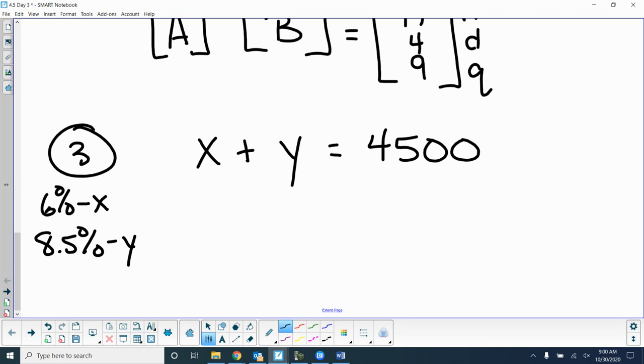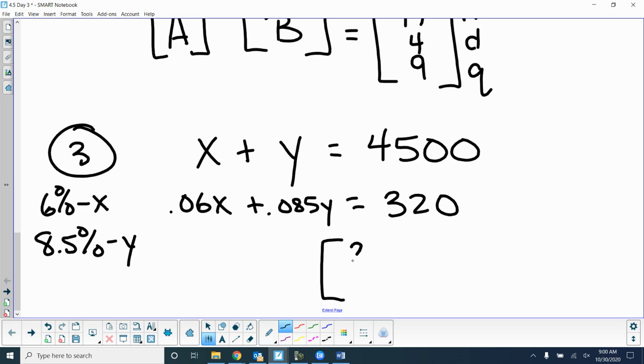Now, since it's a percent, you don't write 6x, you write what? 0.06x. That's how much interest we made on the first investment. 0.085 times y is how much we made on the second investment, and how much total did we make on this investment? 320. There's my 2 equations. And we get 2,500 and 2,000 when you put that in your matrix equation.